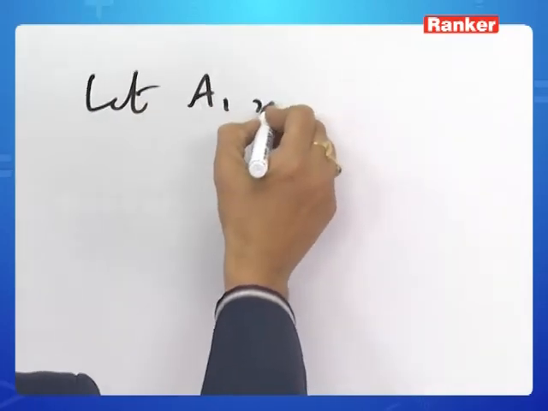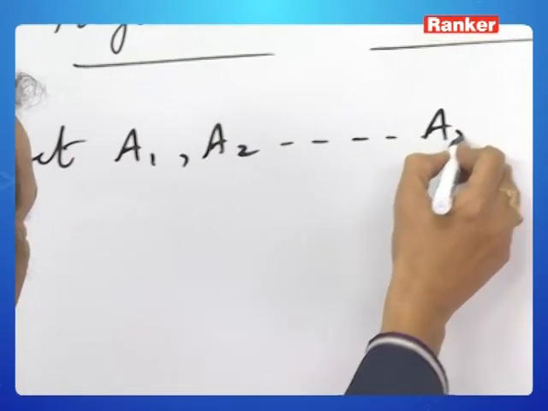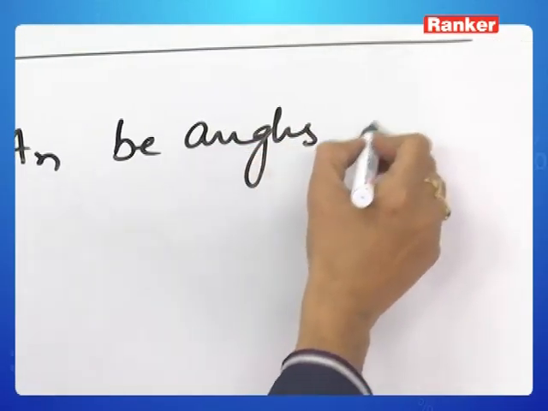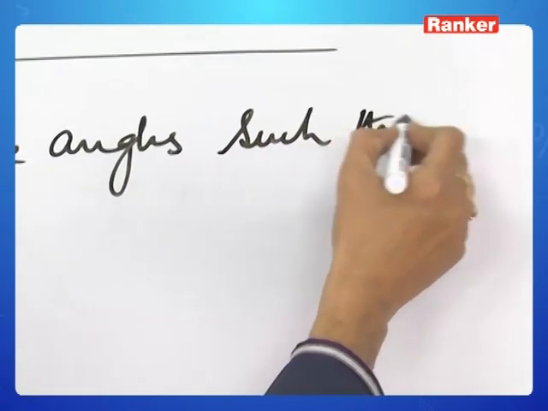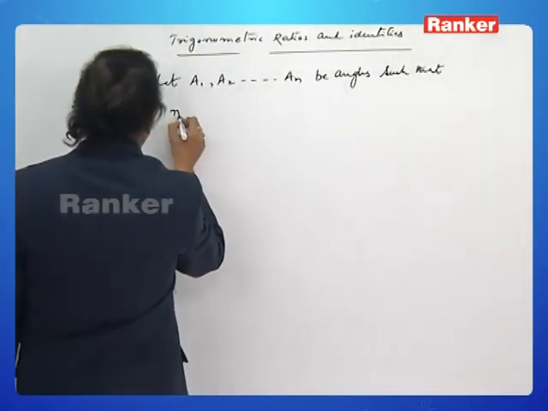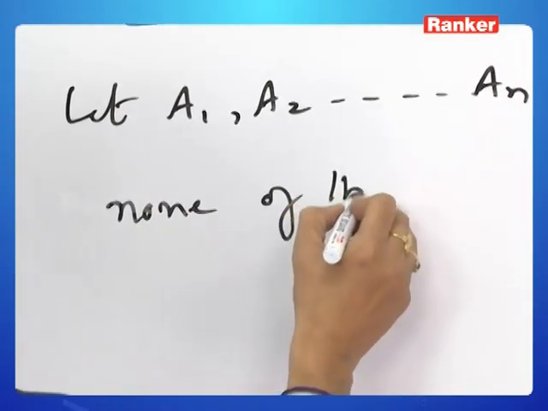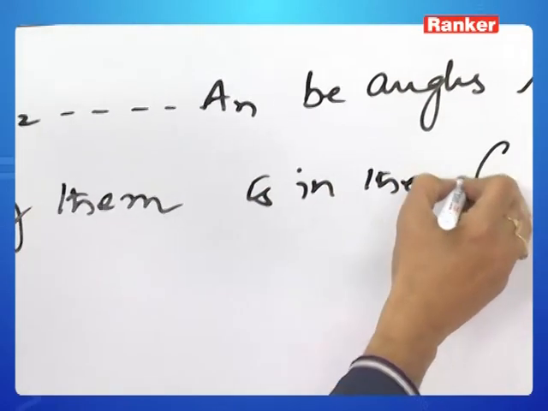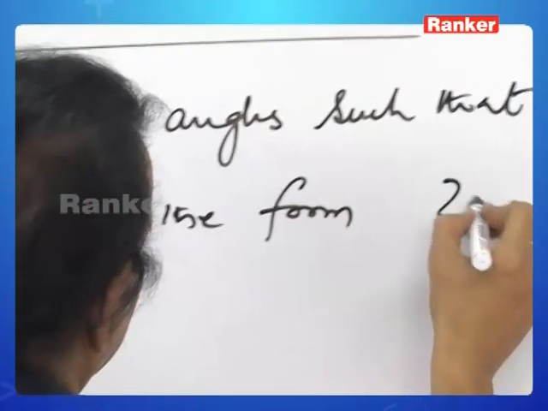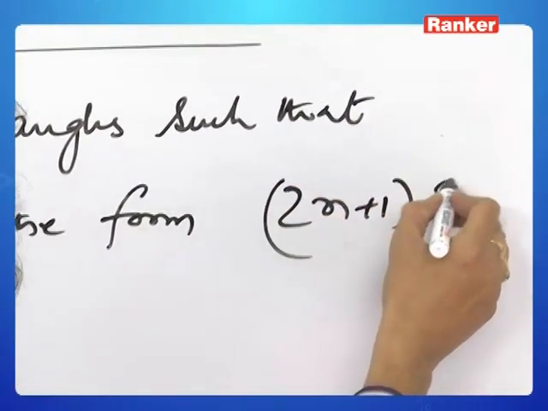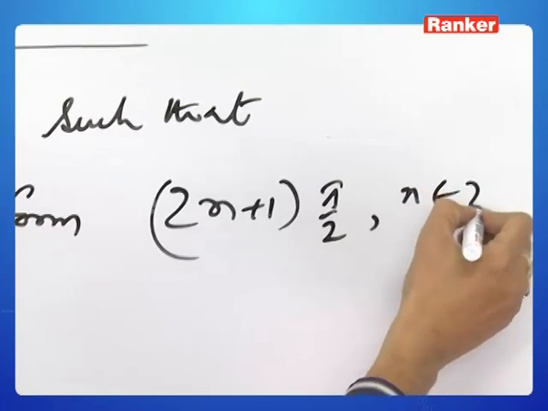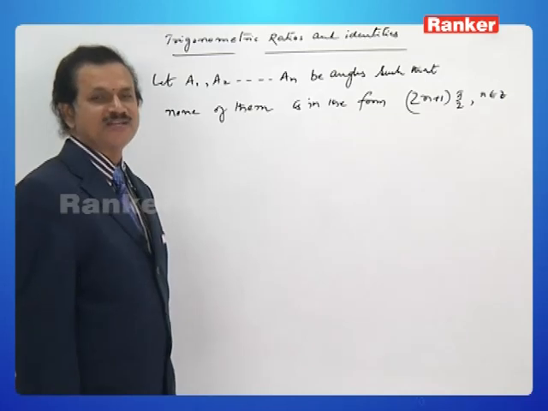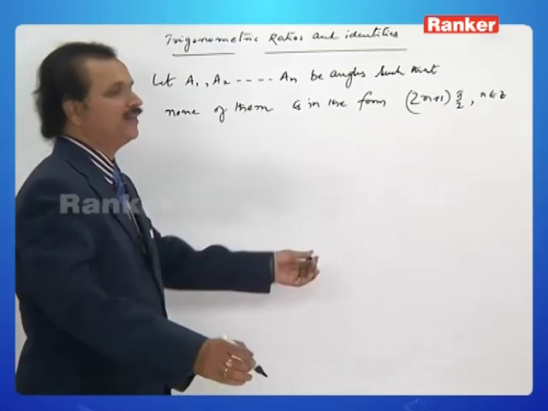Let a1, a2, etc. an be angles such that none of them is in the form 2n plus 1 into pi by 2. I am going to consider tan a1, tan a2, tan a3, etc., tan an.